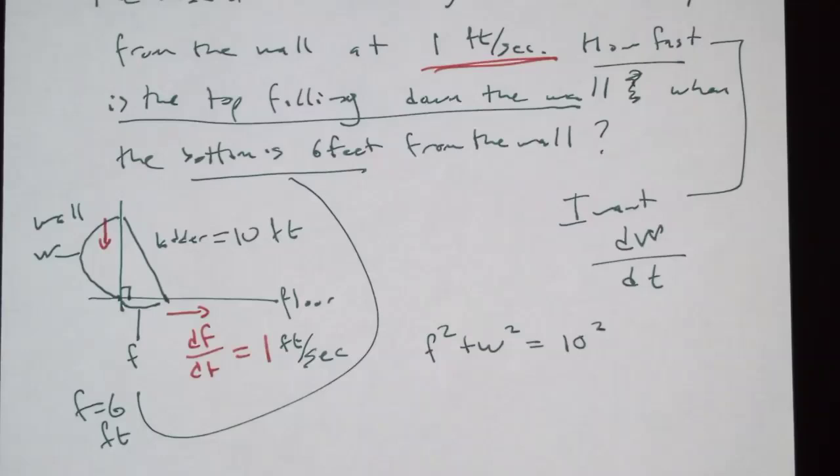Okay. F is changing in time. W is changing in time. The ladder doesn't change ever. I can take the derivative in time right here.